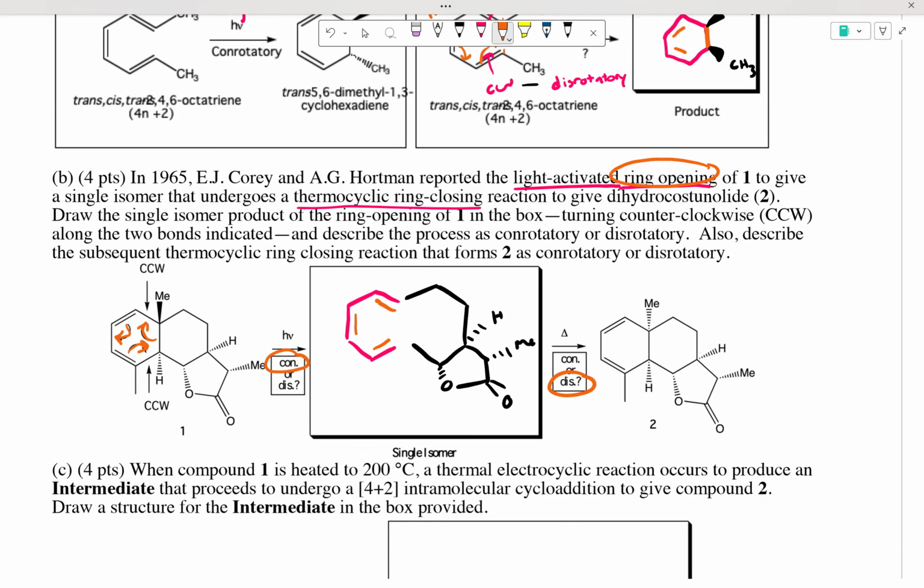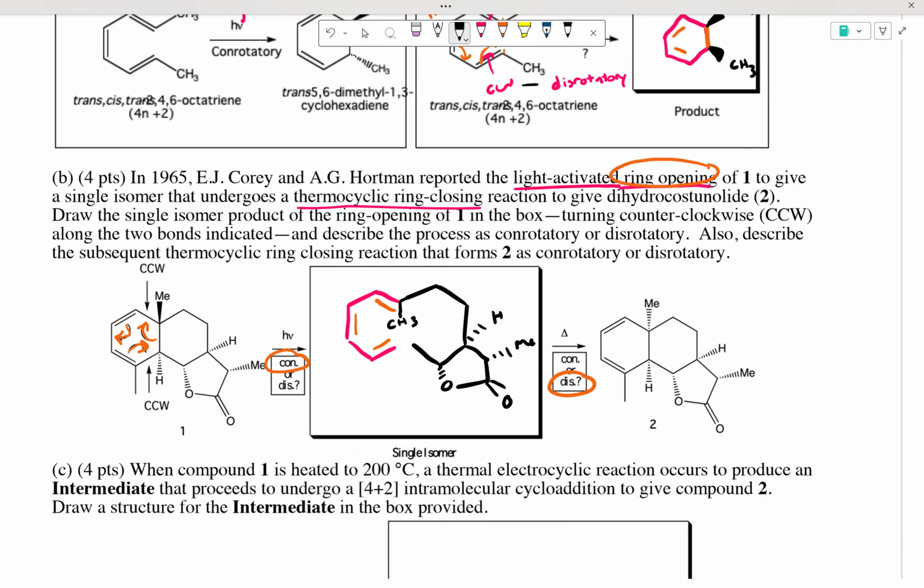Now, the question is, where are these methyl and hydrogen groups going to go? If my methyl is facing me now, and I rotate it counterclockwise, that means my methyl is going to be inward. So right here, CH3. And for my hydrogen, it's also rotated counterclockwise.